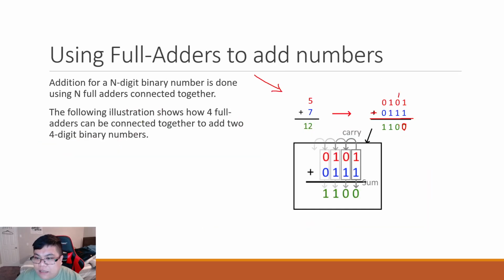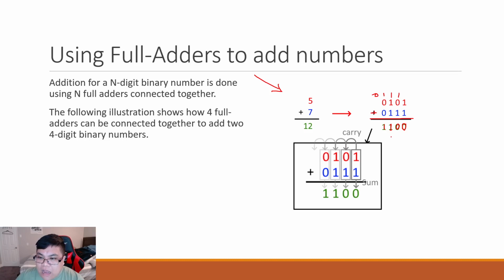So as a result, the sum is 0 and the carry is 1. Then we have a carry of 1, an A of 1, and a B of 1. We add these together, and this will result in a sum of 1 and a carry of 1. And then we have a carry of 1 added to an A of 0 and a B of 0. This will result in a sum of 1 and no carry at all, right?